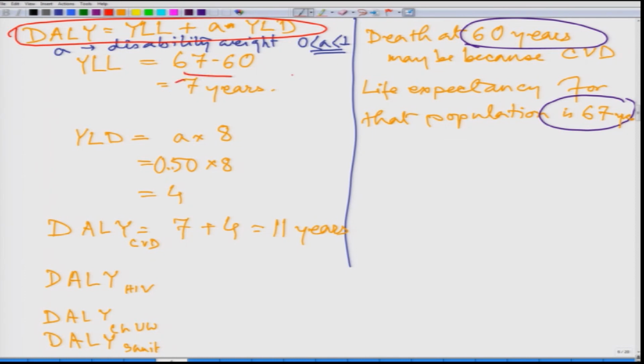When we talk about discount rate and age weighting, we have a formula.